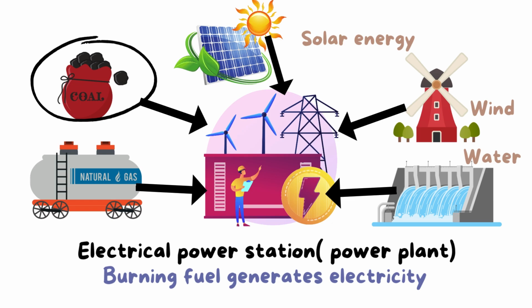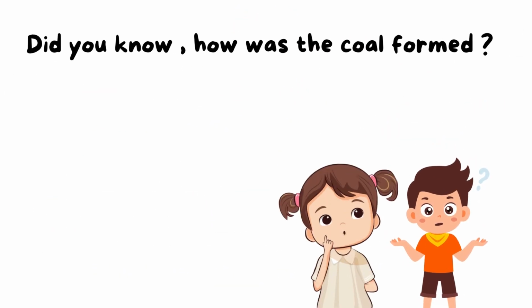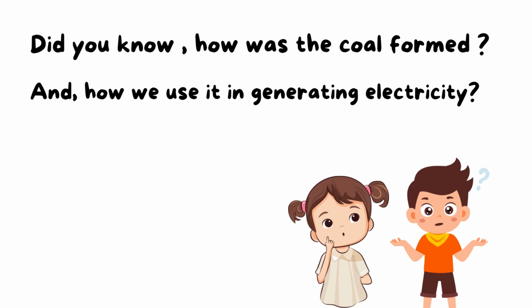All of these are used in the electrical power station or power plant to produce energy. But now we will talk about coal, as by burning coal, which is a fuel, it generates electricity. So now we want to know how coal was formed, and how we use it to generate electricity.